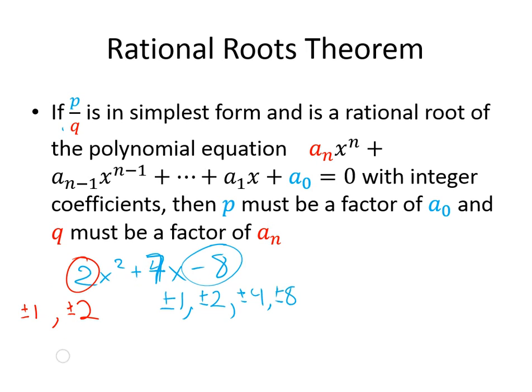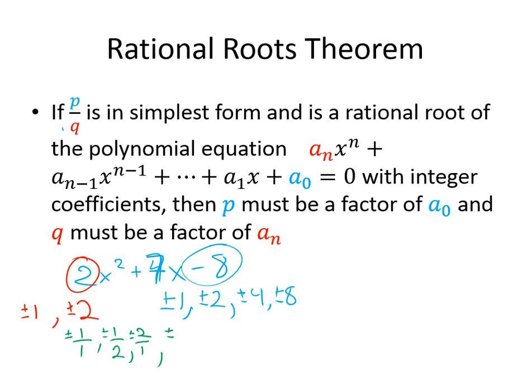Now your answers, or possible roots, are the fractions formed by taking the last number divided by the first one. So we'll start with this one. It would be 1 over 1 plus or minus. We have 1 over 2 plus or minus. We have 2 plus or minus over 1.